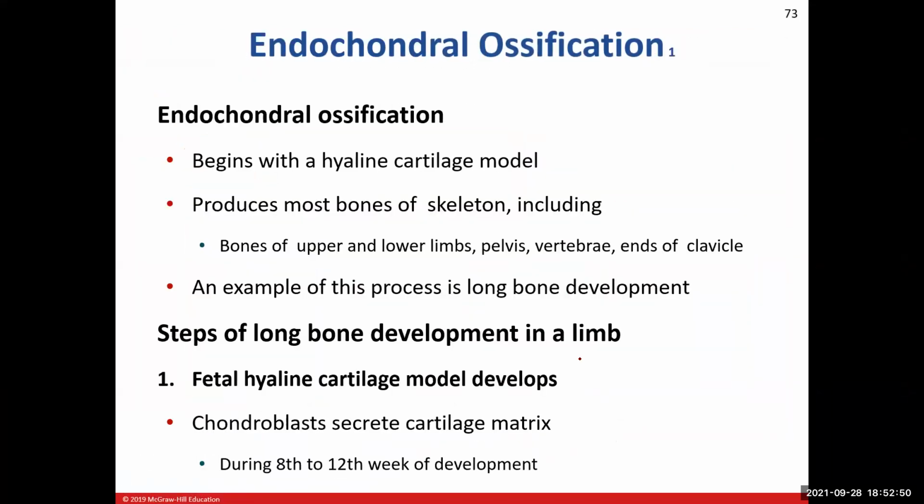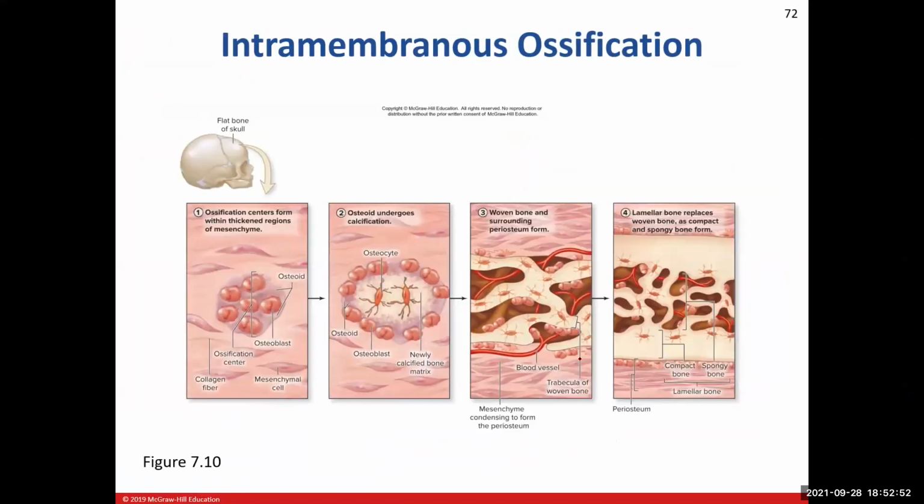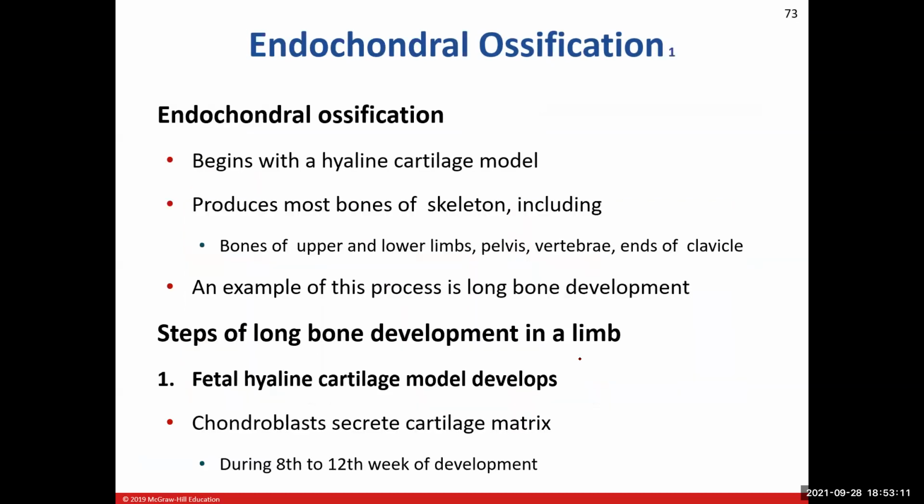And so that is the formation of the intramembranous ossification. So when you're developing as a fetus, and your skull is starting to take on that humanoid form, this is what's happening. All right, that's intramembranous ossification.